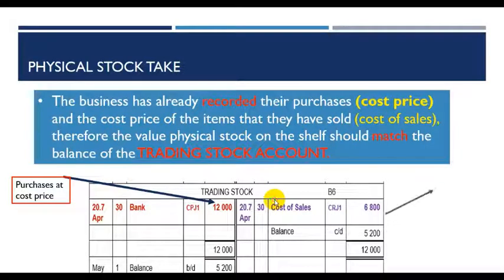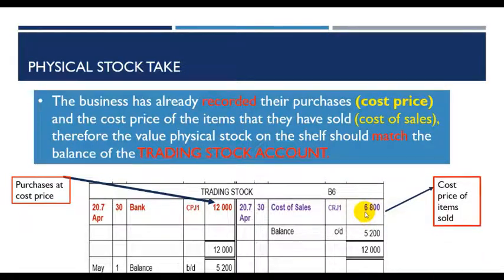That's why we have credited our trading stock account with the cost of sales, telling us that 6,800 rands worth of stock was sold. How much stock do we have left? We have 5,200 rands worth of stock left, and we want to make sure that our physical stock count matches the record that we have in our trading stock account.